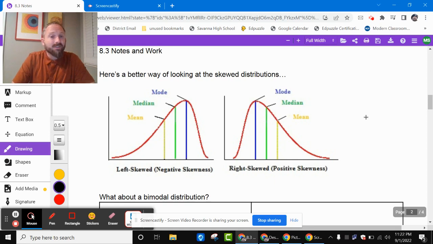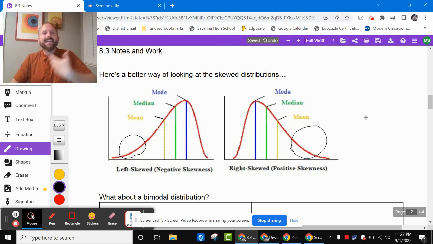Less data, so it's left skewed. More of the data is on the right. Right skewed is positive skewness. Skew could be like there's an error here. What's the error? Well, it's on the positive side or the right side. Or it's on the left side. Left, there's like an error in the left side, or the negative skewness right there.